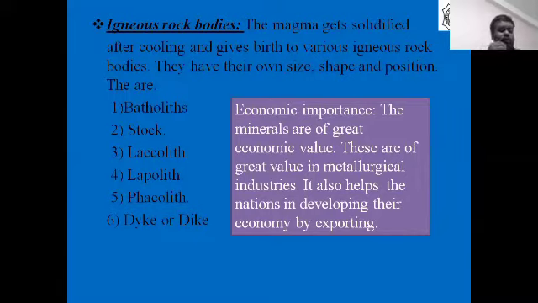Now what are these? First of all, batholith. Batholiths are the largest intrusive igneous rock bodies. A batholith may be 30 to 50 kilometers across and hundreds of kilometers in length.